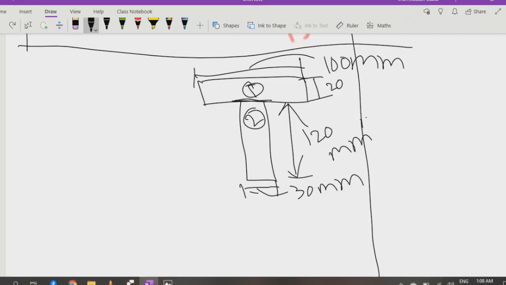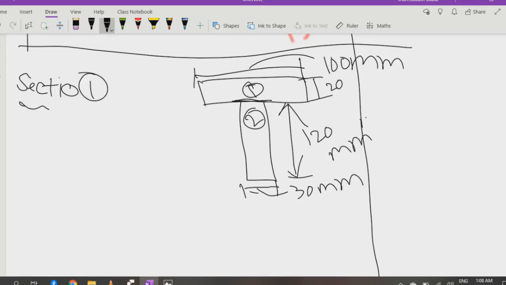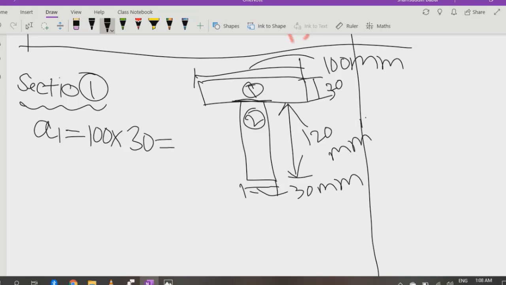Now you will write the calculation of section 1. Your section 1 gives you area 1. The area 1 will be 100 by 30.